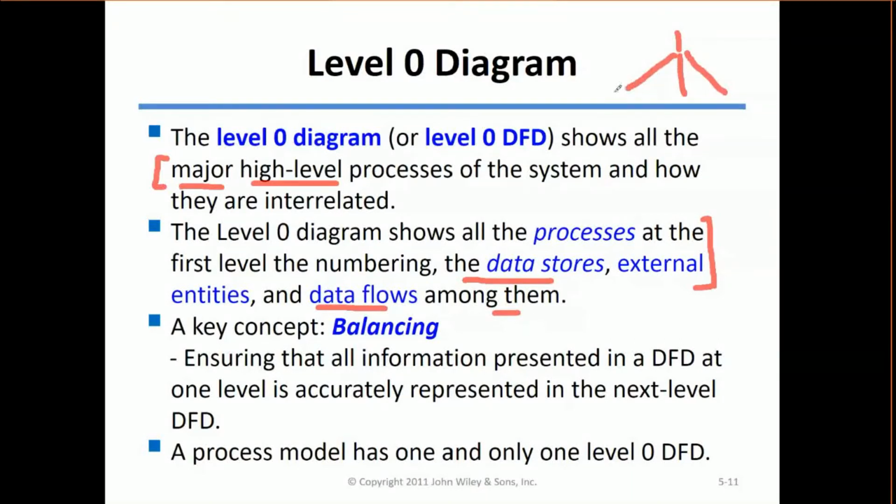We will decompose like this. So the top level is the context diagram, where it is one process. The next level decomposition is called the level 0 diagram.